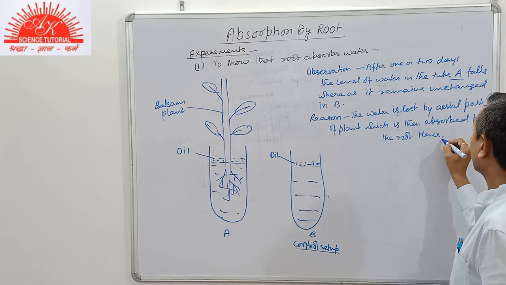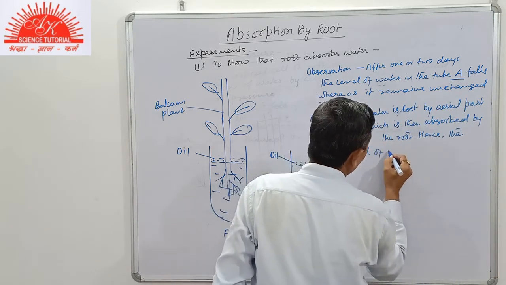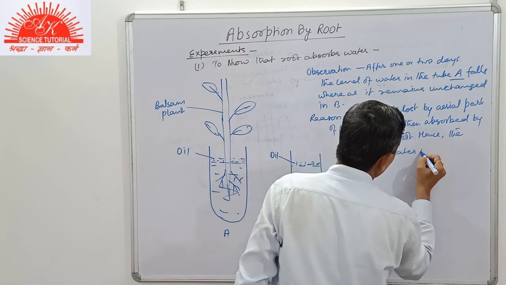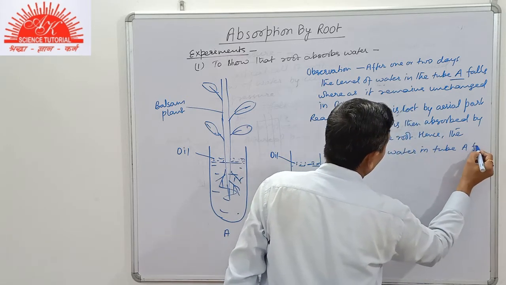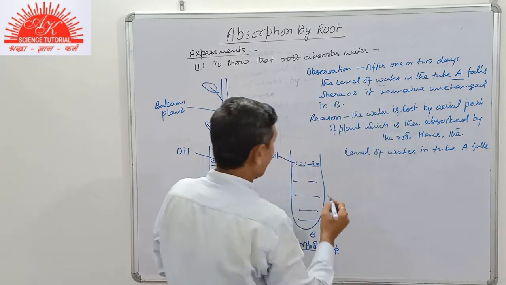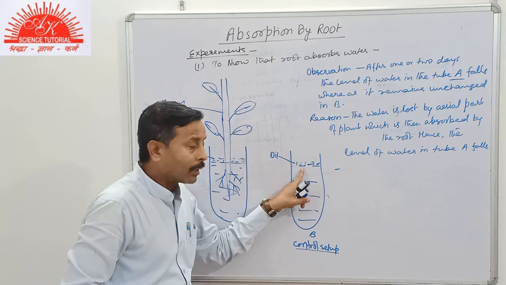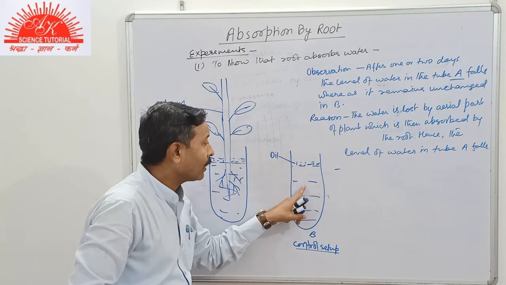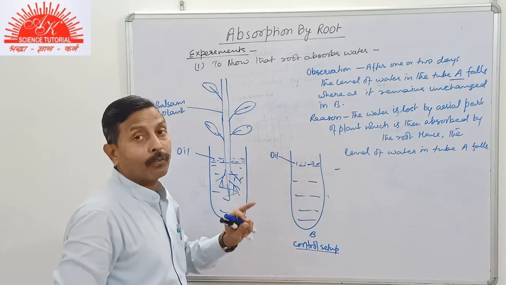Hence the level of water in tube A falls. In tube B, since there is no root to absorb water, there is no loss, so there is no decrease in the level of water.